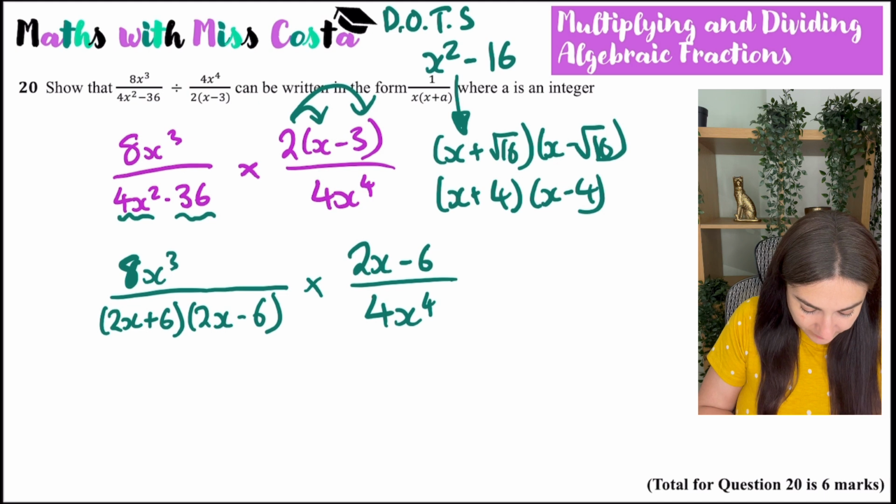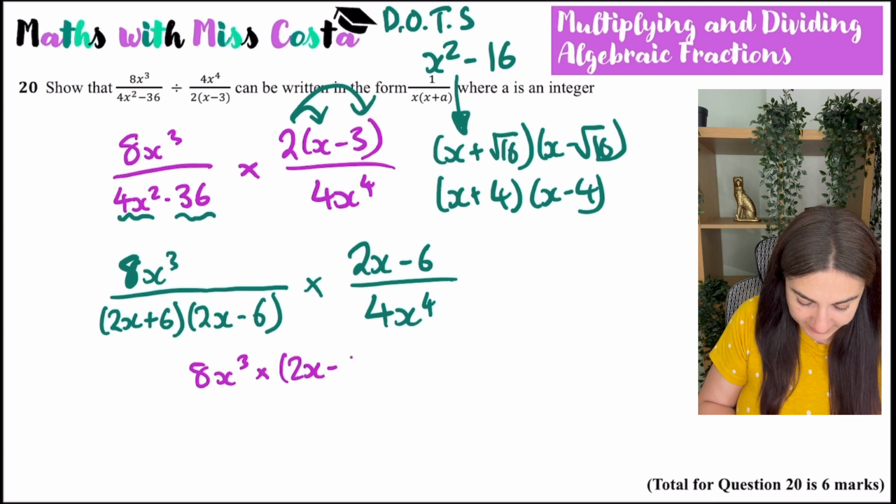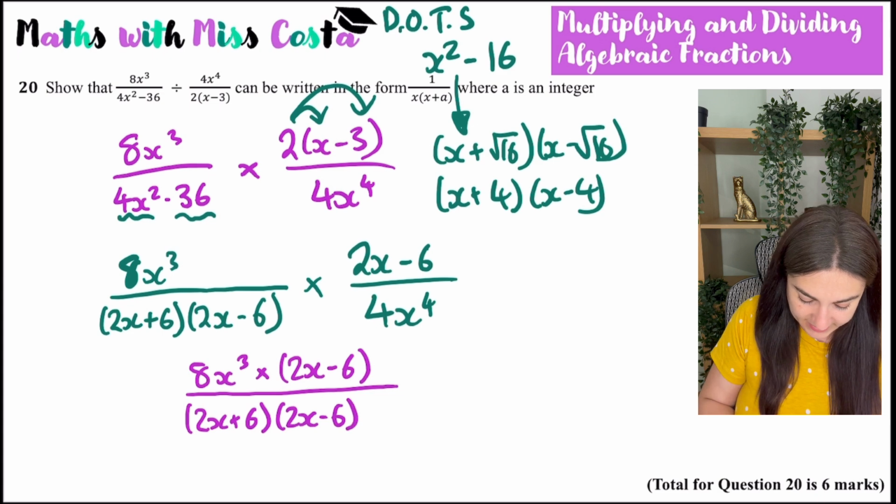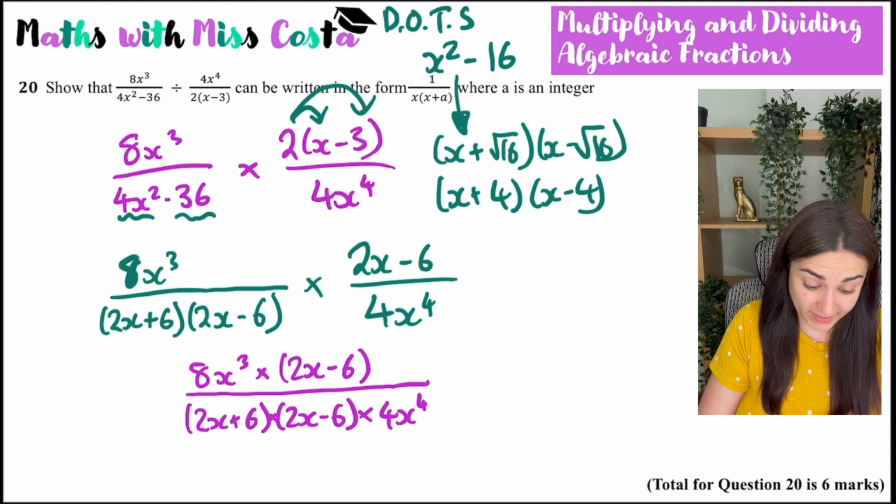So that would be 8x cubed times 2x minus 3 over 2x plus 6, 2x minus 6. You could write it like that if you wanted to. I'm just writing it like this to show you, so that it might make it a little bit easier.